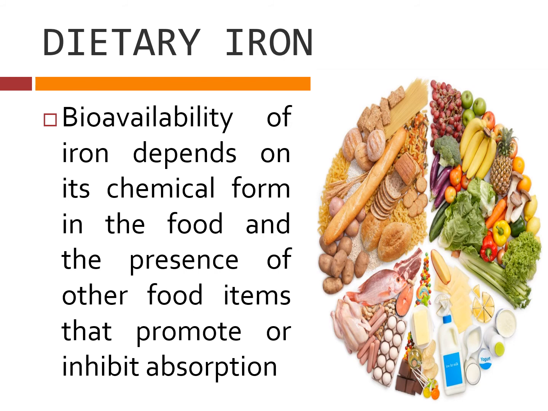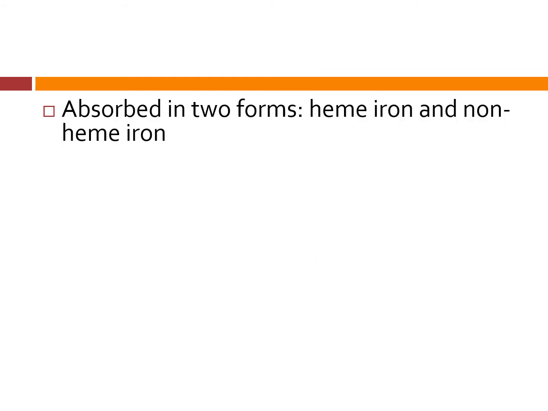Okay, so it depends on the chemical form in the food and the presence of other food items that promote or inhibit absorption. So apart from intaking food rich in iron, we need also other food items that will promote and inhibit absorption of our iron in the body so that we can regulate our iron inside the body.